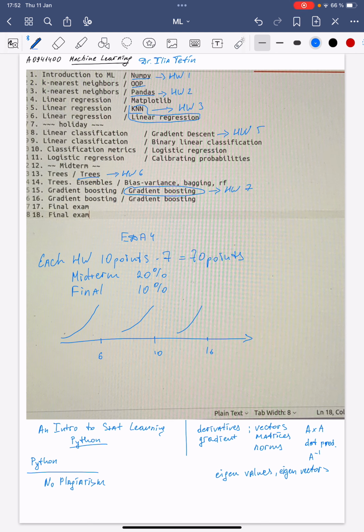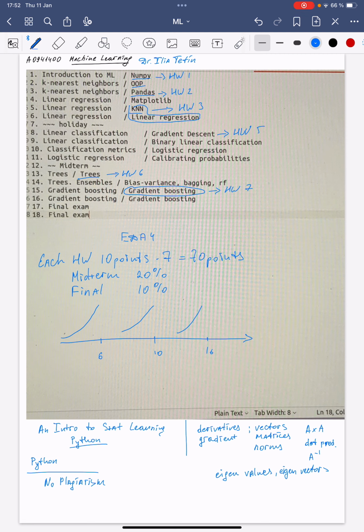So you must specify. You are allowed to use Google, you are allowed to use GitHub and others, but you must specify where you get this code.